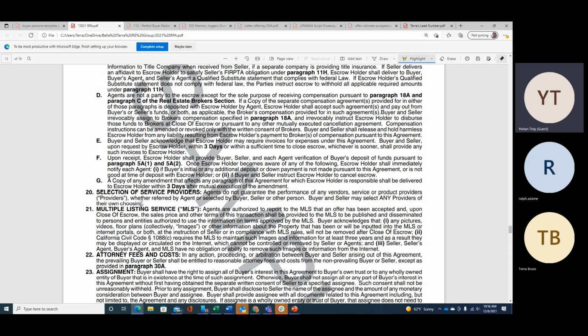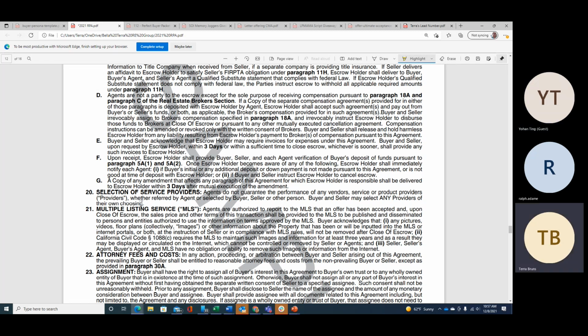California Civil Code 108A-C requires the MLS to maintain such images and information for at least 3 years, and as a result, they may be displayed or circulated on the internet, which cannot be controlled or removed by seller or agents. And 3, seller's agent, buyer's agent, and MLS have no obligation or ability to remove such images or information from the internet. Super, super, super important.